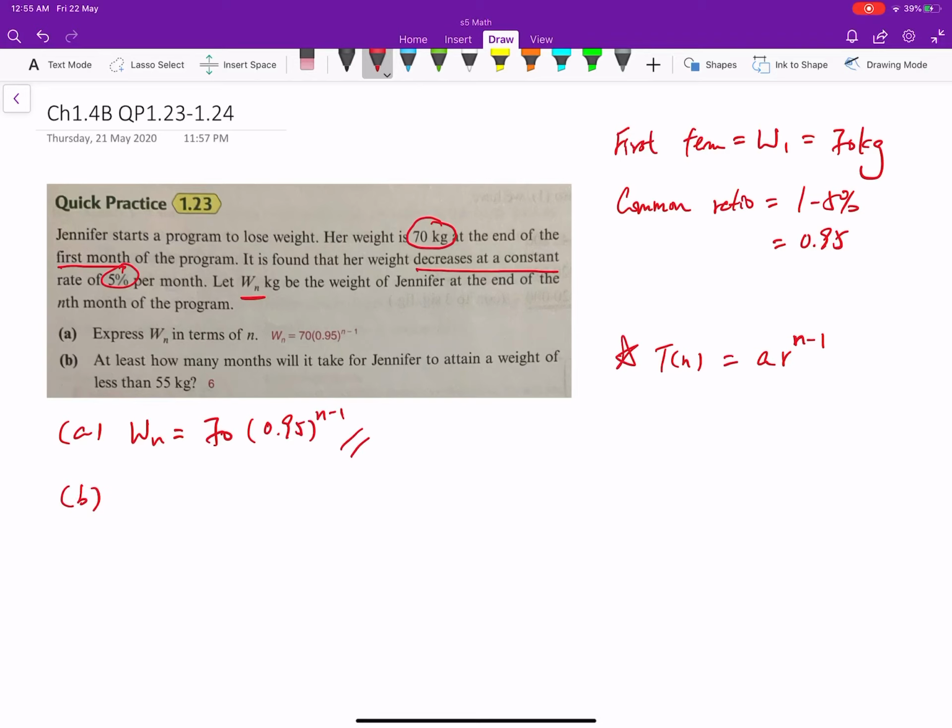And B, at least how many months will it take for Jennifer to attain a weight of less than 55? So we let k be the number of months required, as we did before. So what we need is Wk smaller than 55.